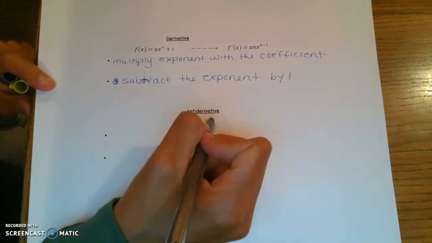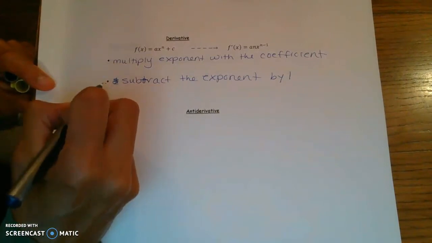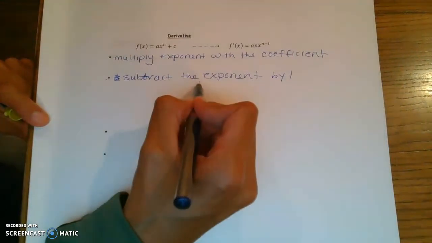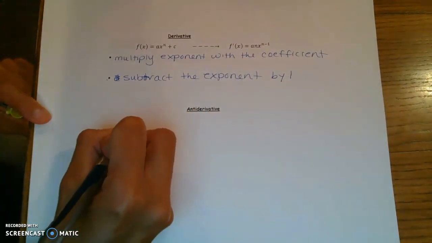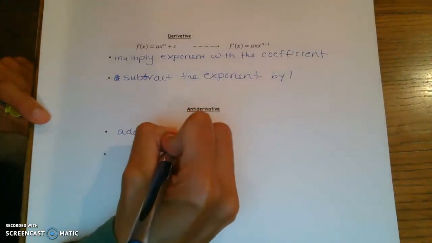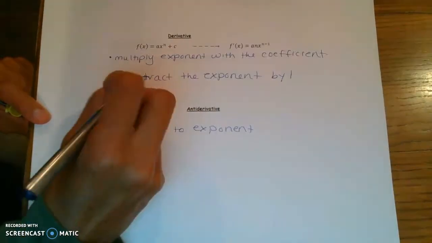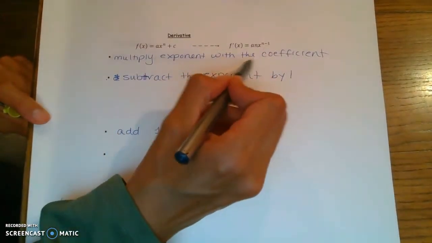So now, antiderivative, we're going to work backwards. So this was my last step. It's going to be my first step in an antiderivative. What's the opposite of subtracting the exponent by 1? You should be saying add 1 to the exponent. That's the opposite, correct? What's the next step? It says multiply the exponent with the coefficient.